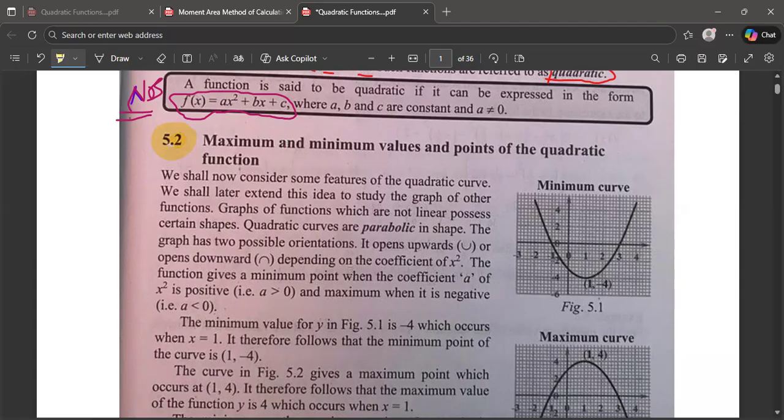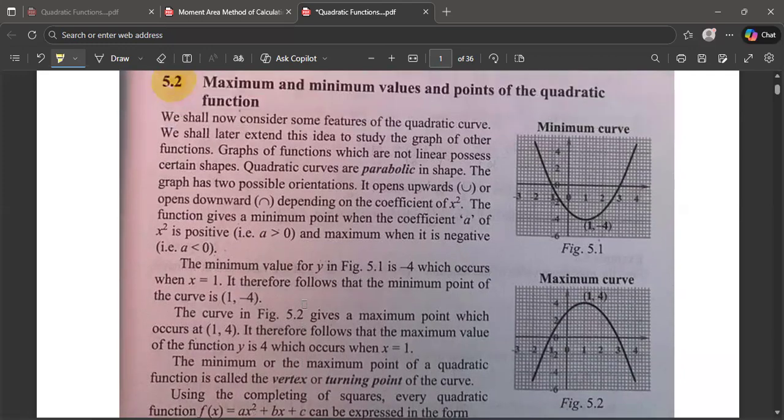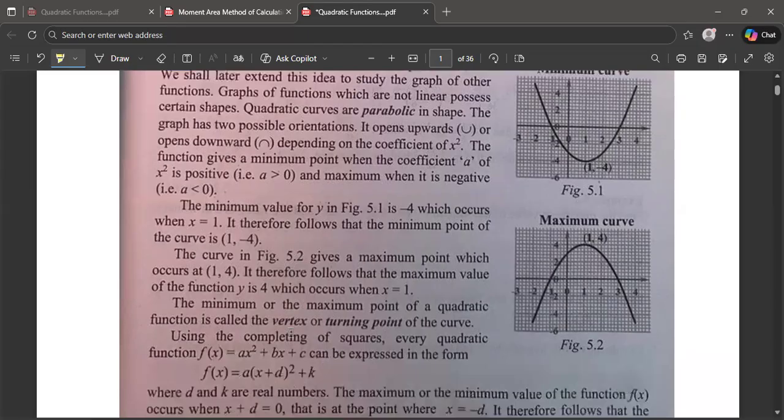The function gives a minimum point when the coefficient a of x squared is positive, that is a greater than 0, and a maximum when it is negative, that is a less than 0. The minimum value of y in figure 5.1 is -4, which occurs when x equals 1.